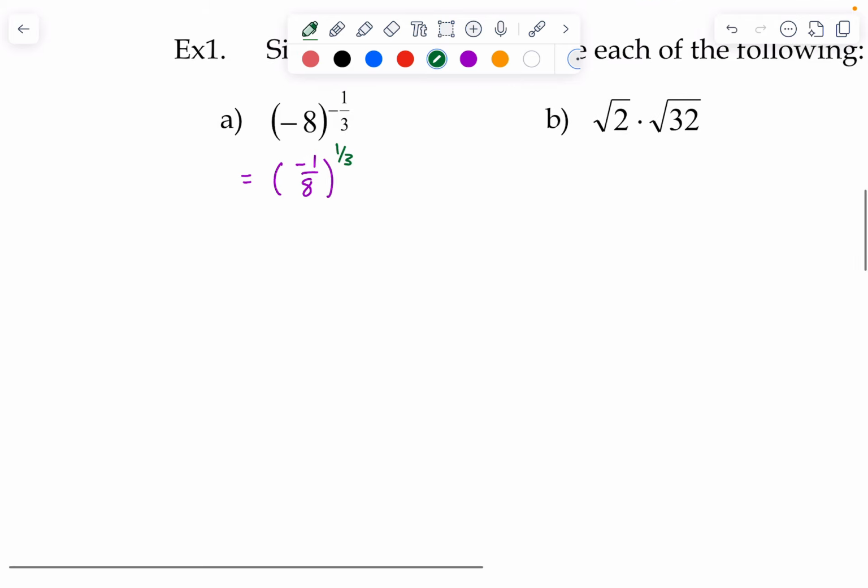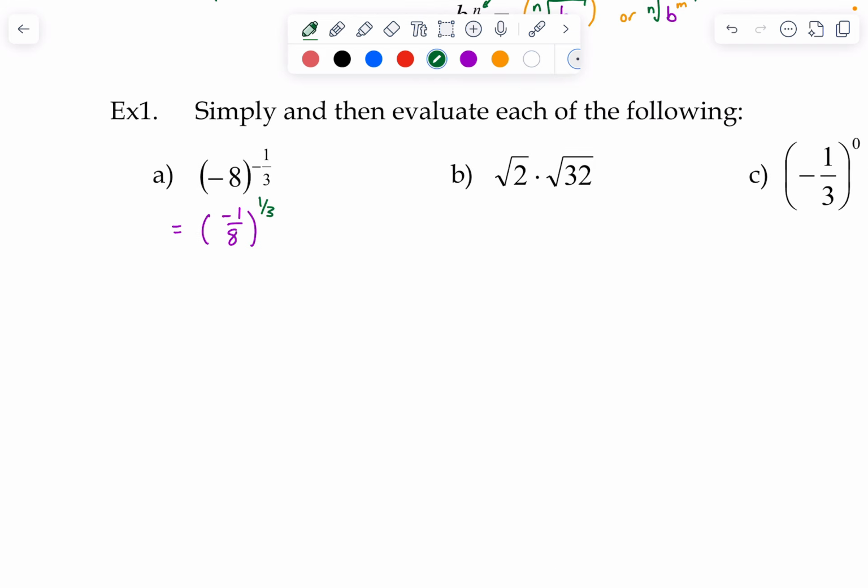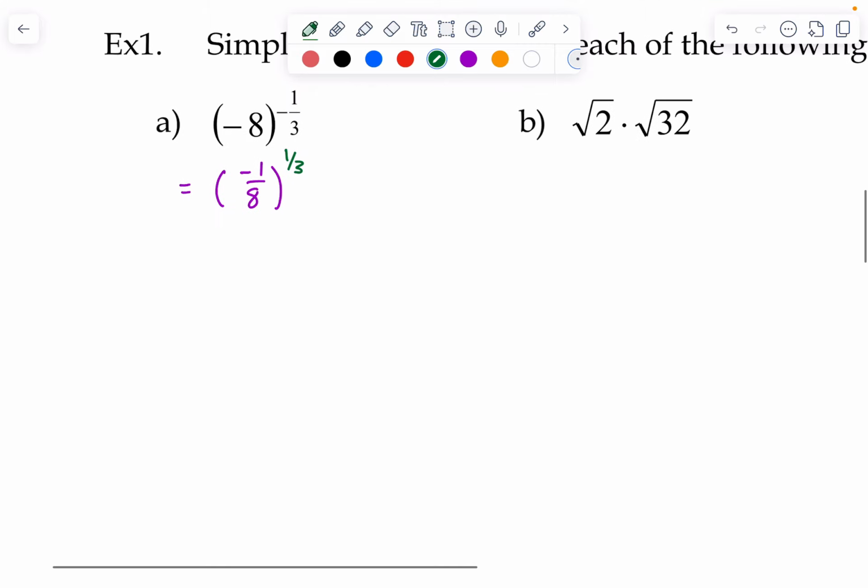Okay, well, let's simplify. Oh, it says simplify and evaluate. So we're just going to reduce it down, and then we're actually going to evaluate. So now we have a fractional exponent. So we have to look at the denominator, and it says, hey, take whatever's on the inside of that bracket and do the third root. So what this is saying is take the third root of -1/8.